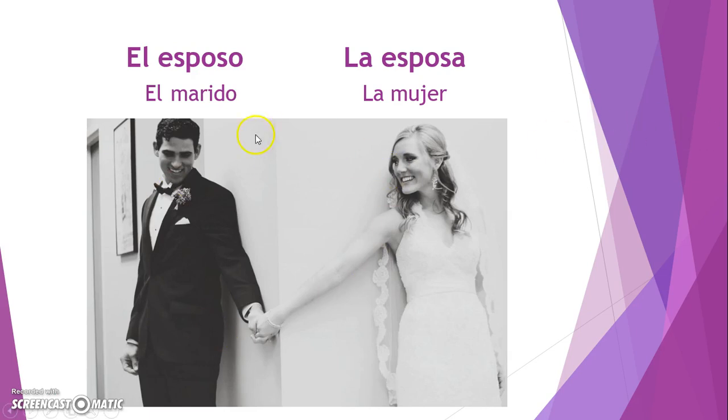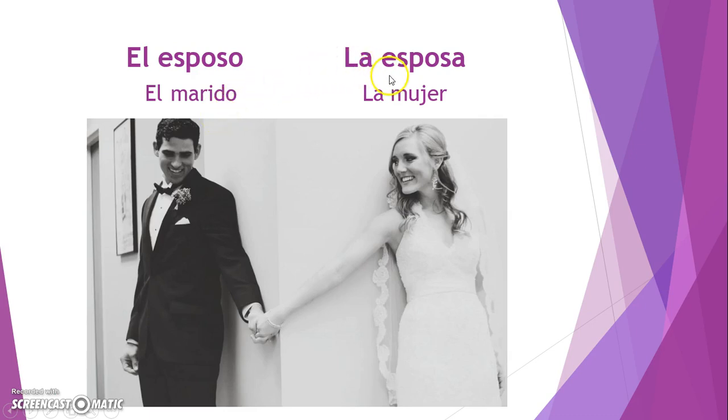Aquí tenemos una foto de mi matrimonio, a photo from my wedding, de mi boda. Here we have el esposo, which means the spouse or the husband. You could also say el marido. You'll hear this used more in Spain. El marido.